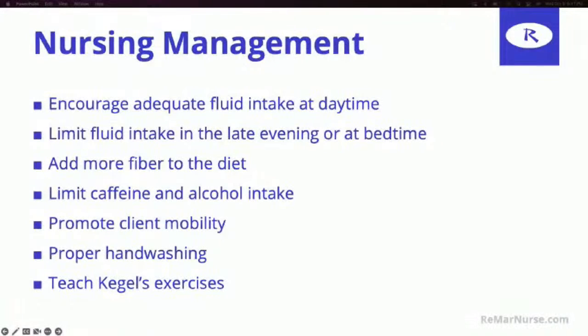If you have a child and they're putting out urine, but they're not moving their bowels, particularly in infants, they could have a bowel obstruction. So we want to look for those things together, right? So that's more fiber to the diet. Adults, limiting our caffeine, limiting our alcohol intake, getting the client up, having them walk around, proper hand washing.